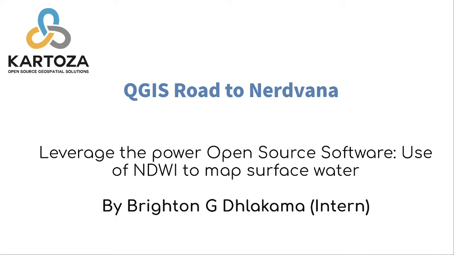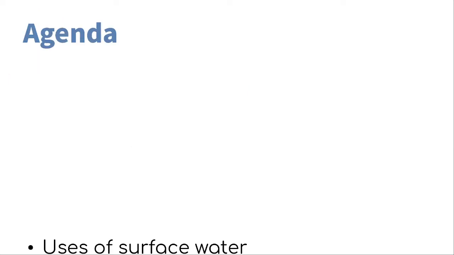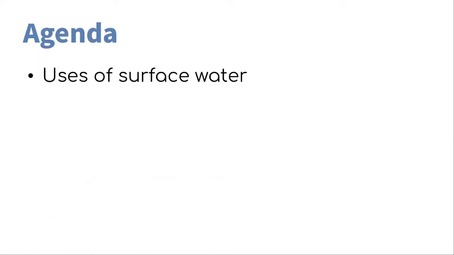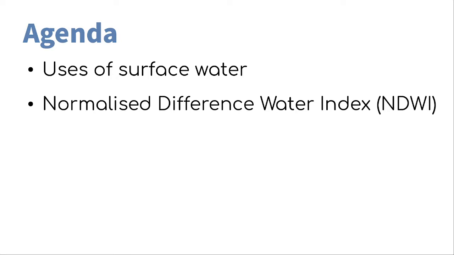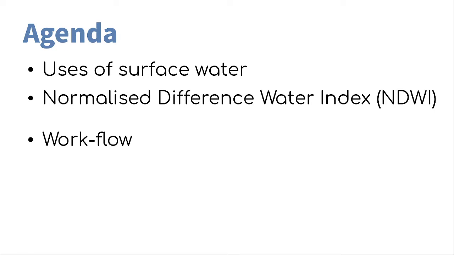So let's look at the agenda of this video. This video is going to look at the uses of surface water. We are also going to cover what the normalized difference water index, NDWI, is. We are also going to look at the different ways of calculating the normalized difference water index.